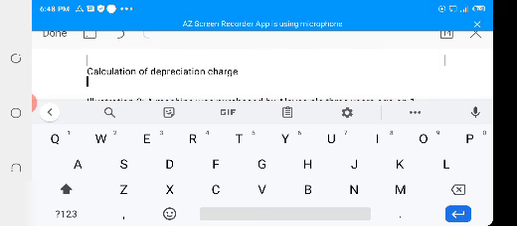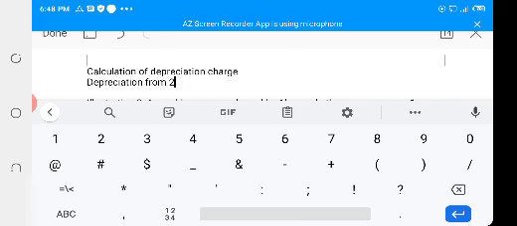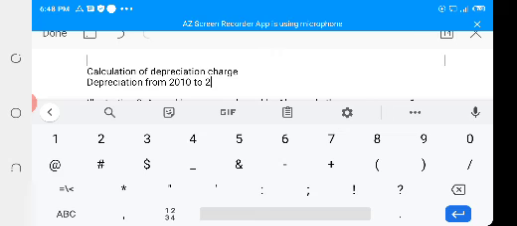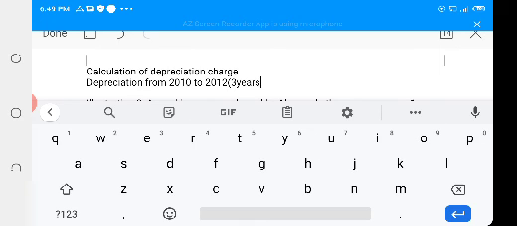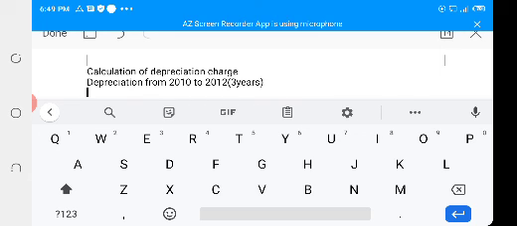So the depreciation charge from 2010 to 2012 is for 3 years. So it will be our annual depreciation.